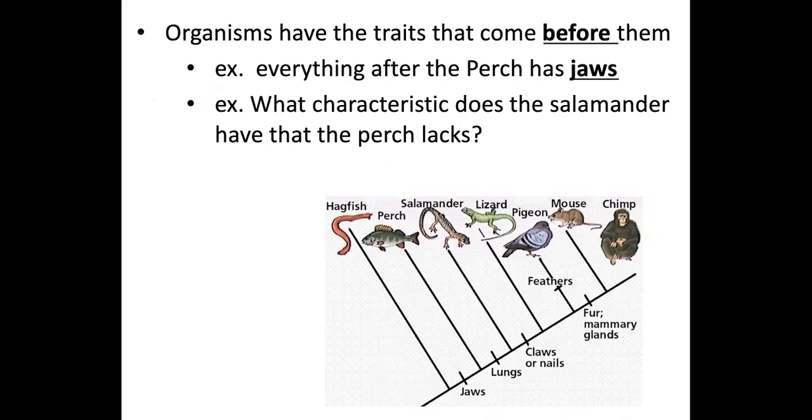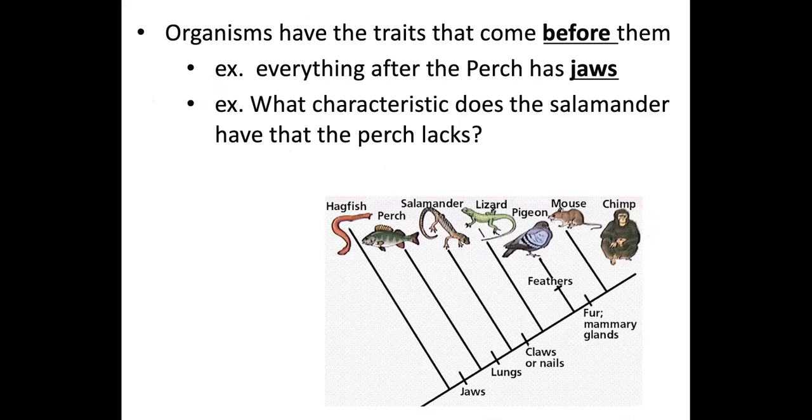So this is how we look at a cladogram or phylogenetic tree and how we are able to determine what traits or characteristics that they have. So organisms have the traits that come before them. So if you are looking at this particular cladogram, the trait has to come before the organism.